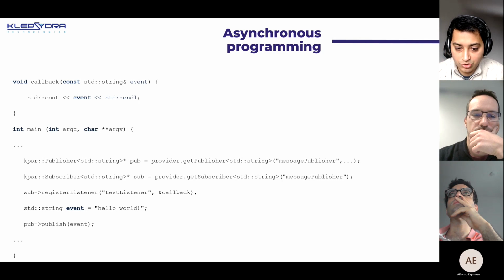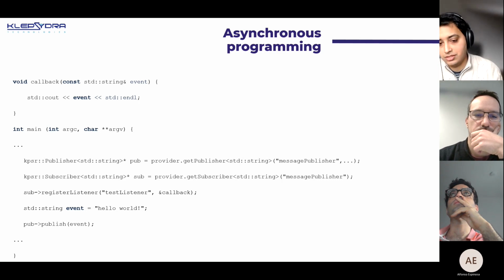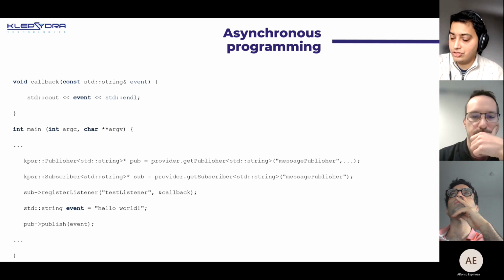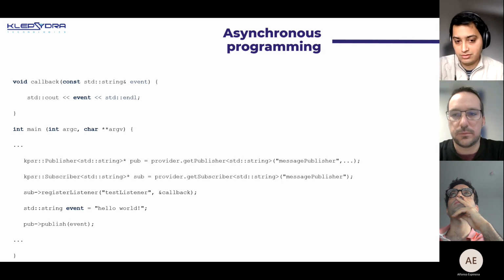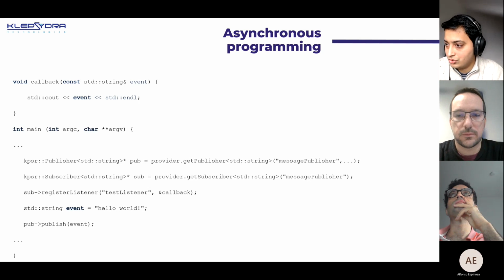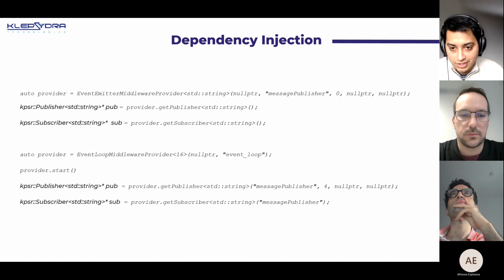And when you publish hello world, the event loop will call the listener, which is the callback. So you only worry about publishing the data. When the subscriber receives the data, it will print this to the screen, to the console. So that's the first part.